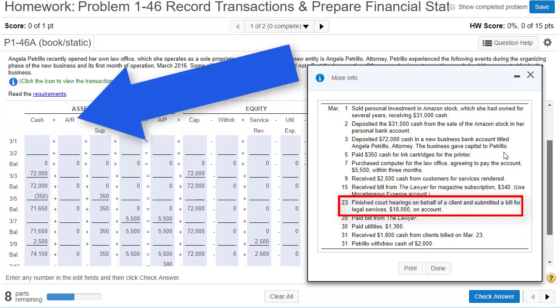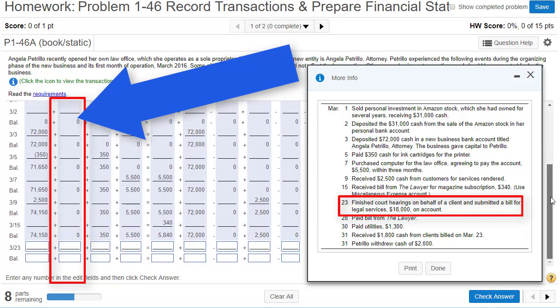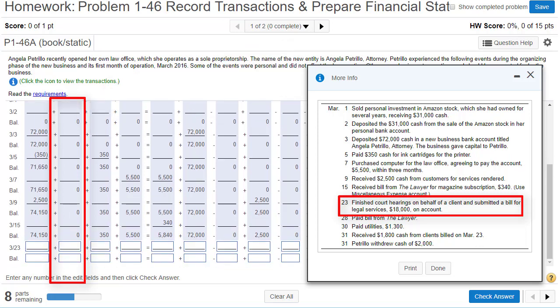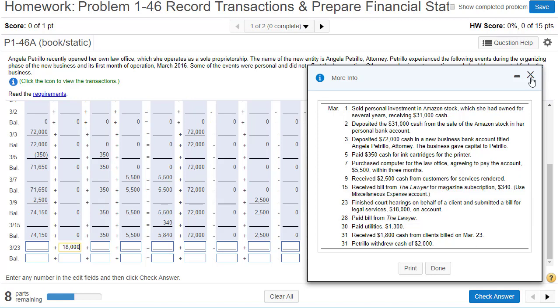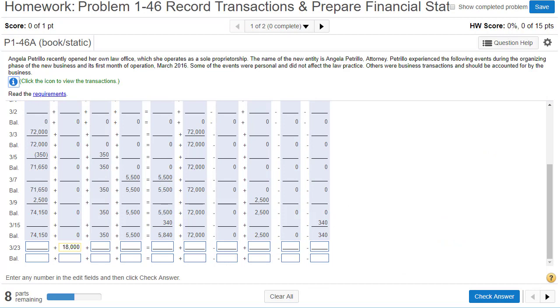Scrolling up to see our headings, AR is this column. So I'll put positive $18,000 in AR. And the reason I put positive 18,000 is because we have more accounts receivable, not less. And why did we bill the client for these services? Because we performed a service.